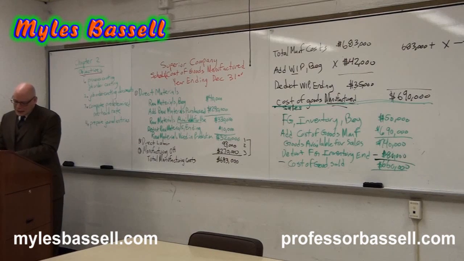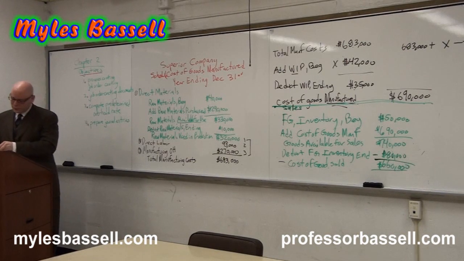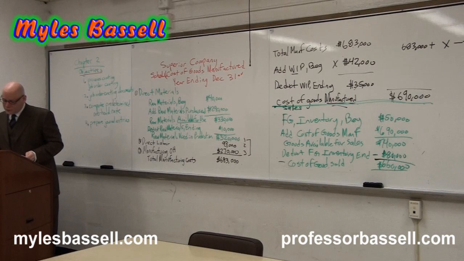I think it's the Mason company, chapter 1, number 11. You could try that one on your own. That's the same schedule of cost of goods.